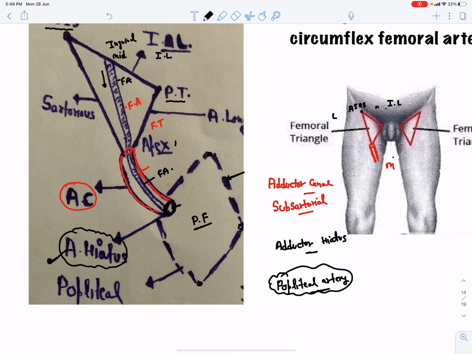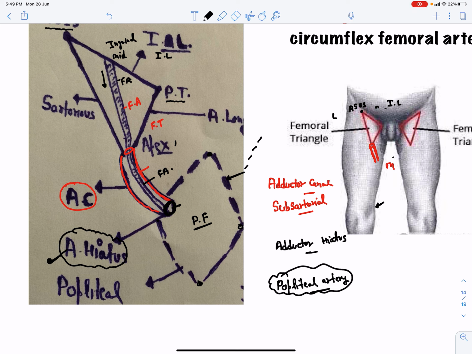This is the popliteal fossa. Why am I going to draw it dotted? Because it is not present on the anterior side. It is present on the posterior side of the knee, right? It is diamond shaped, so it is called the popliteal fossa. So our femoral artery, coming through the adductor canal, leaves it through the adductor hiatus and enters posteriorly as the popliteal artery in the popliteal fossa.